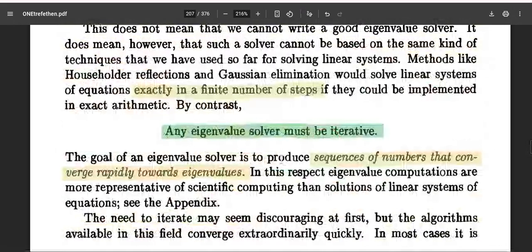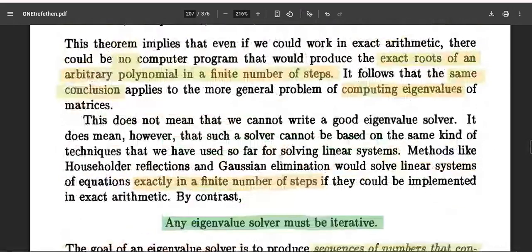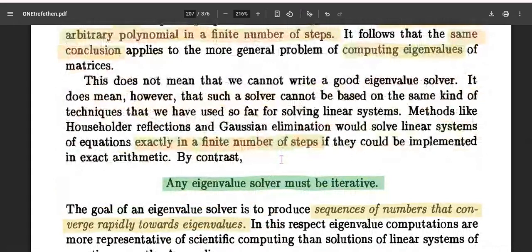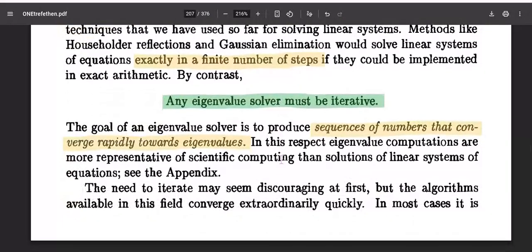And because of this theorem 25.1, any eigenvalue solver has to be iterative. There is no direct method or fixed number of steps to find the eigenvalues exactly. So it has to be iterative, and in order to get the exact solution, the iteration has to tend towards infinity.